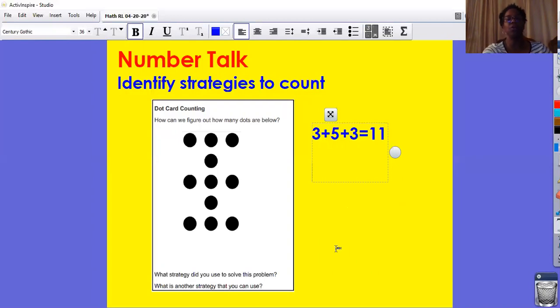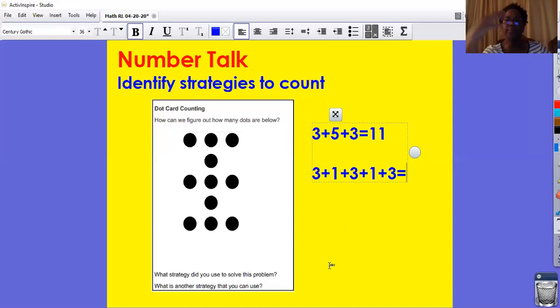You count how many are on the top row, which is 1, 2, 3, plus 1, 2, 3. Let's give us 3 plus 1 plus one more row, and we have 3 again, equals.